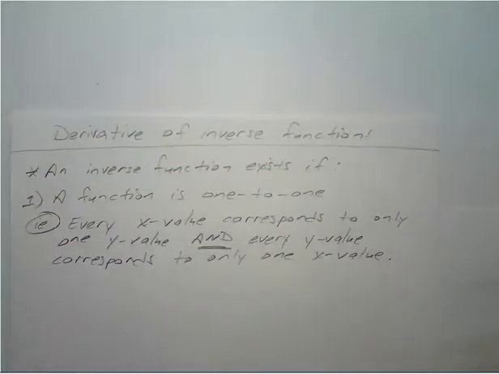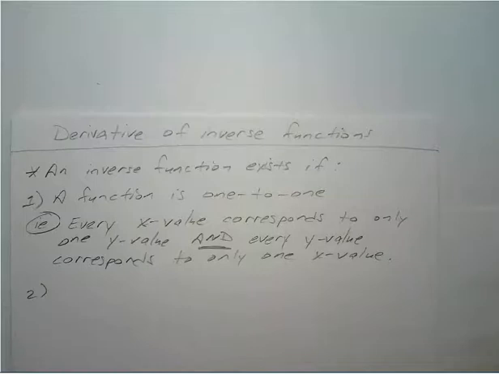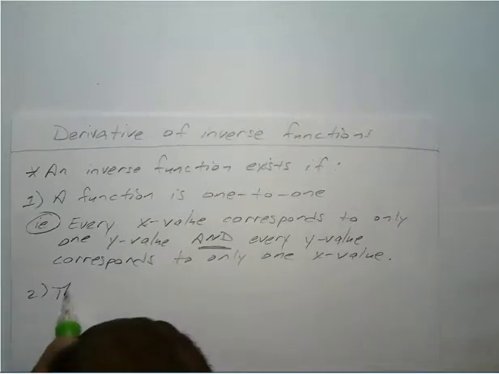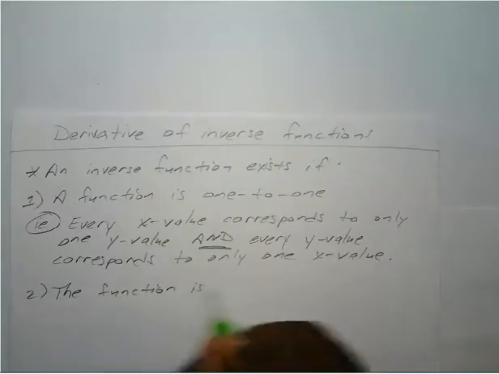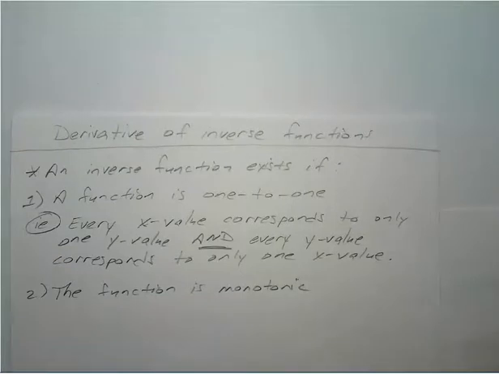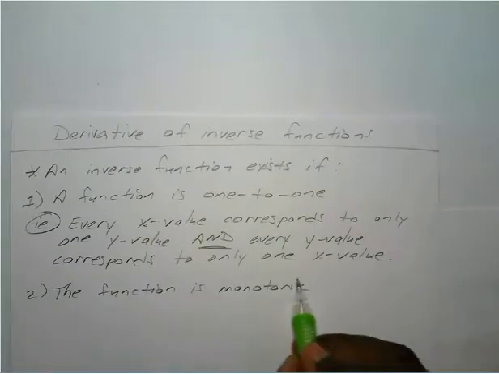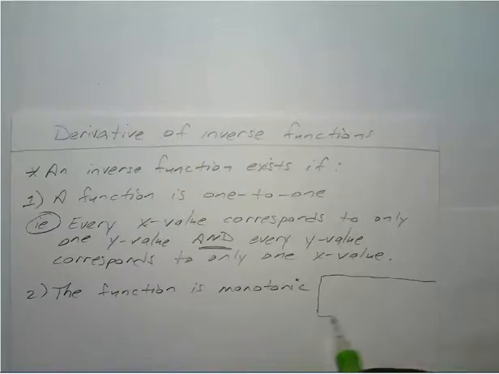Okay, so the function has to be one to one, and two, the function is monotonic. By monotonic, we just mean that it's either strictly increasing or strictly decreasing.